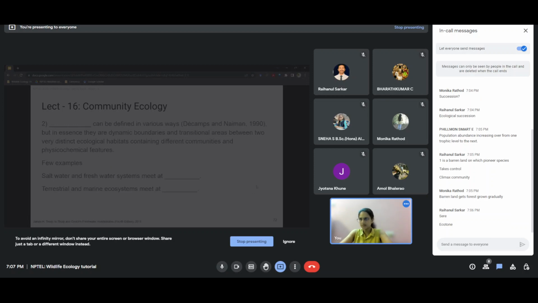Any other guesses as to what this region can be called? So we have one answer, or rather two answers here. Okay, you guys need to participate, please.